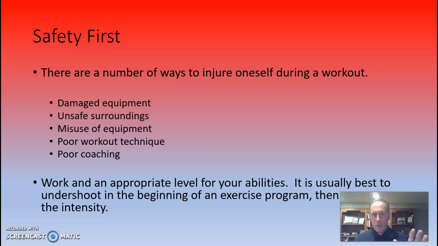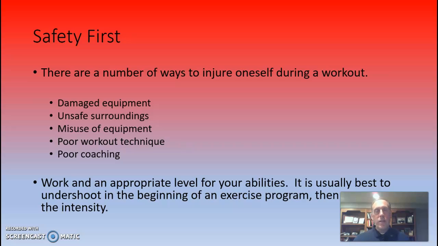I just want to make sure that you're aware of some of the safety things in terms of working out, and I alluded to it in one of my other presentations. When you work out in a fitness center, just be aware of things like damaged equipment, maybe unsafe surroundings, maybe some plate head next to you throwing weights around and working out very aggressively. Be aware of that stuff. Be aware of slip situations where you see things on the floor.